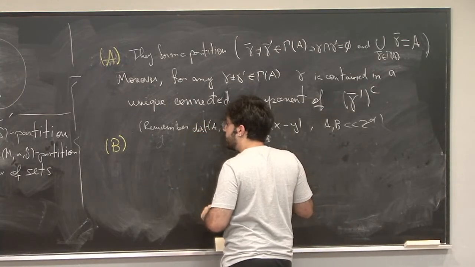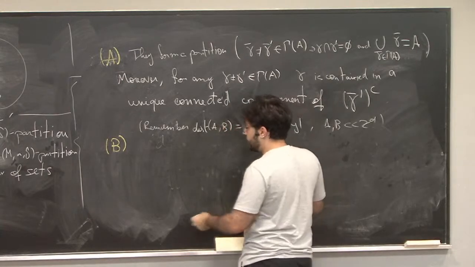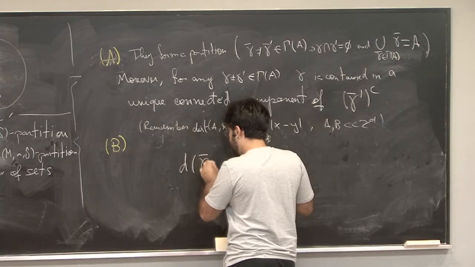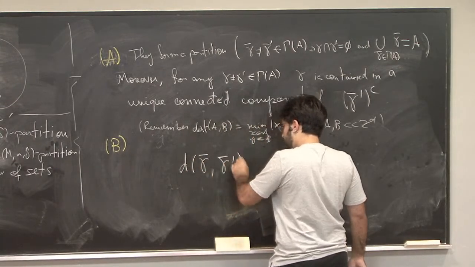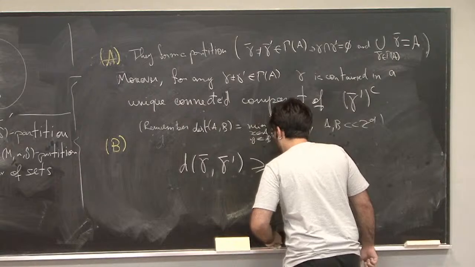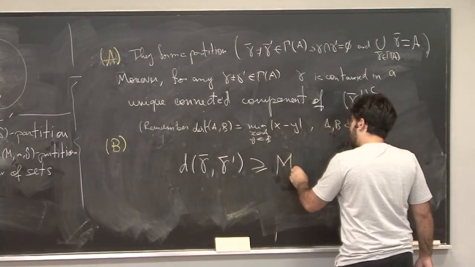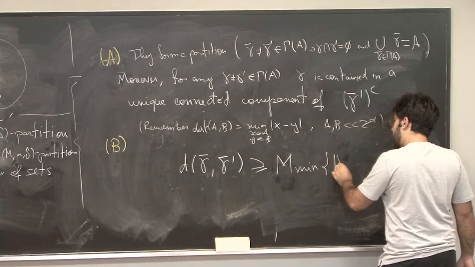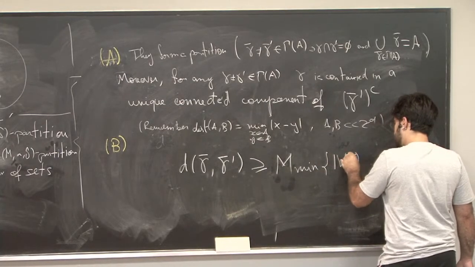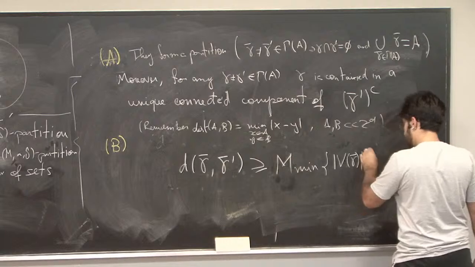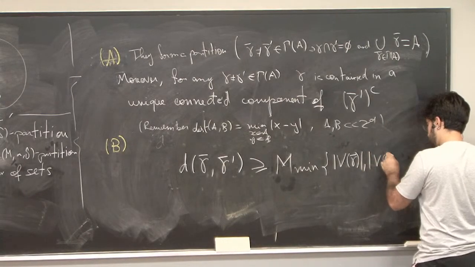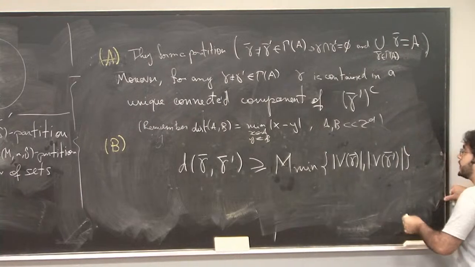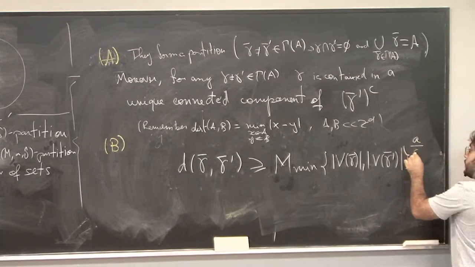And condition B is a condition on separation. It asks that the distance between the elements of the partition should be larger than m times the minimum of their volume, raised to some power, and the power is A over delta.